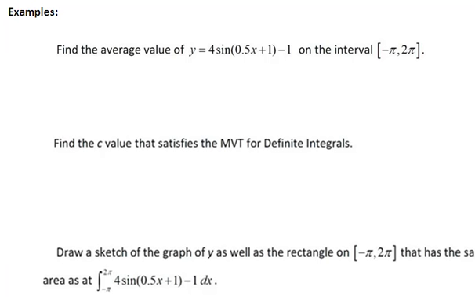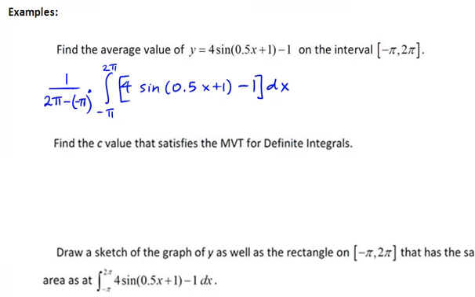All you really need to worry about, though, if you're not interested in the details, is to be able to apply the formula. Take the lower bound and the upper bound of the interval, and those are your bounds for your integral, and then integrate the function from negative pi to 2 pi.